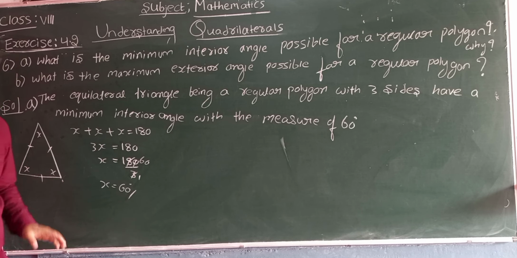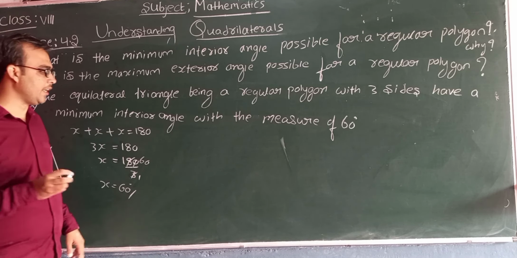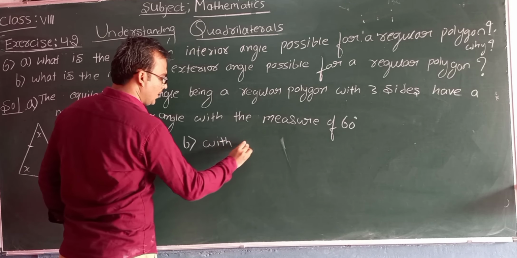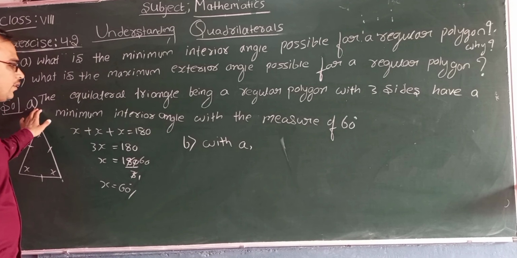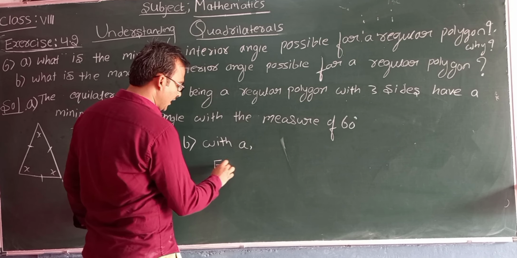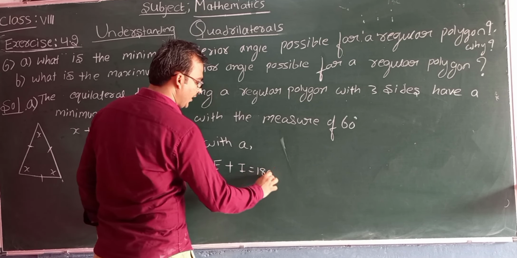The minimum interior angle for a regular polygon is 60 degree. So if the minimum interior angle for a regular polygon is 60 degree, then for the exterior angle, we know that exterior angle plus interior angle equals 180 degree.